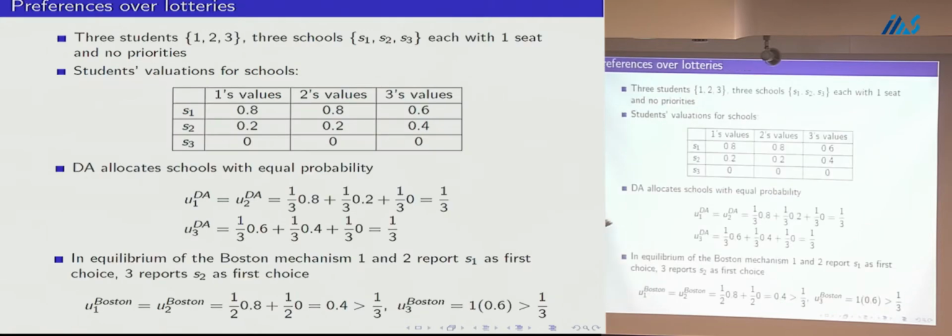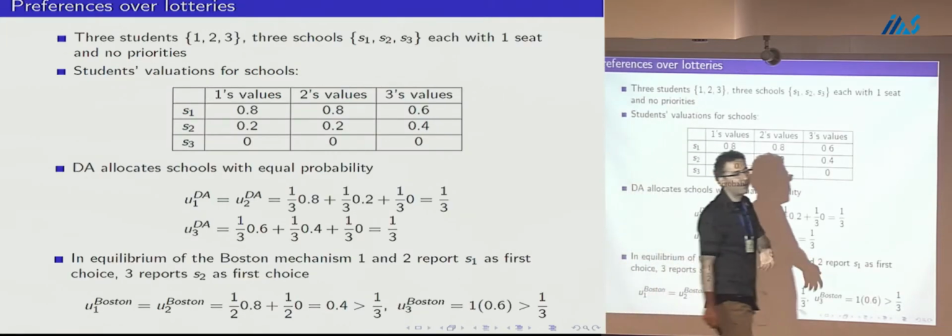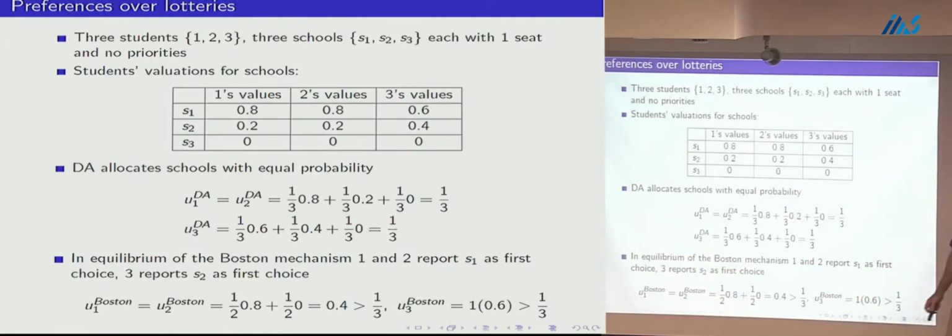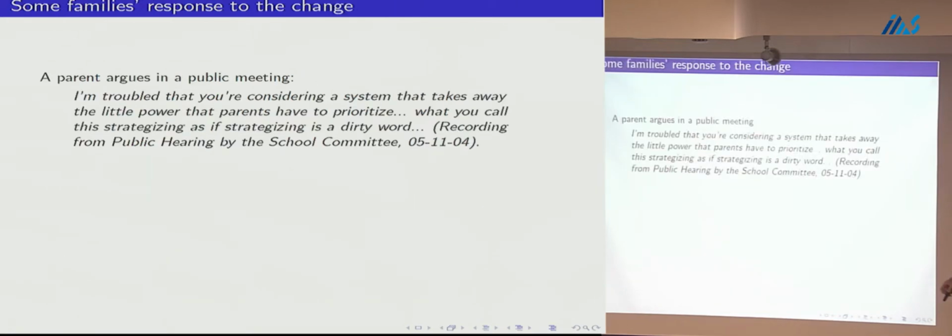Now, you might think again that we economists are fancying about this, but I am fascinated by the intuition of parents, actually. Here is from the recordings of a parent meeting that we attended in Boston back in 2004. "I am troubled that you are considering a system that takes away the little power that parents have to prioritize.